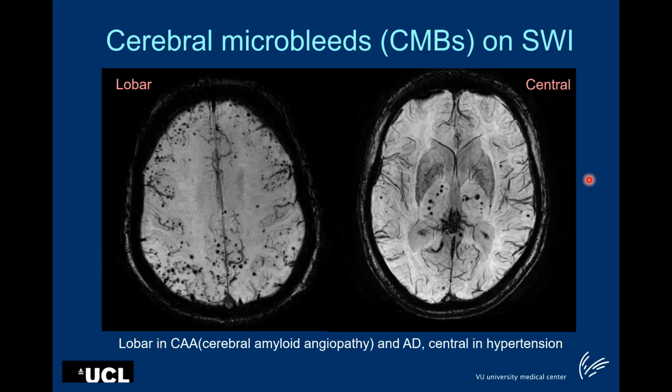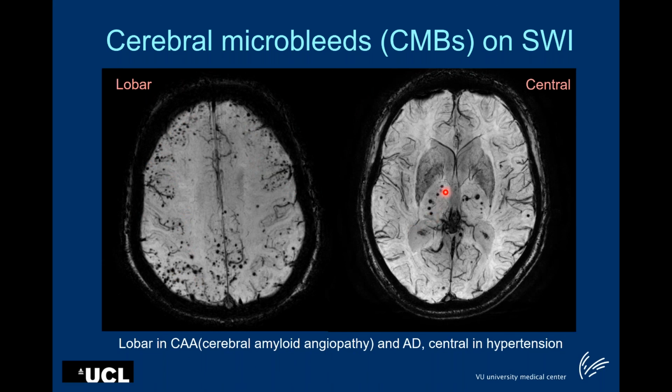Another pathology that we can see on MR, it has to do with the blood vessels, are so-called cerebral microbleeds that you can see on T2 star weighted images or SWI images. And we're talking about these little black dots that you can see. So on the left-hand side, you see them in very peripheral patterns, so cortical, subcortical distribution, also called a lobar distribution.